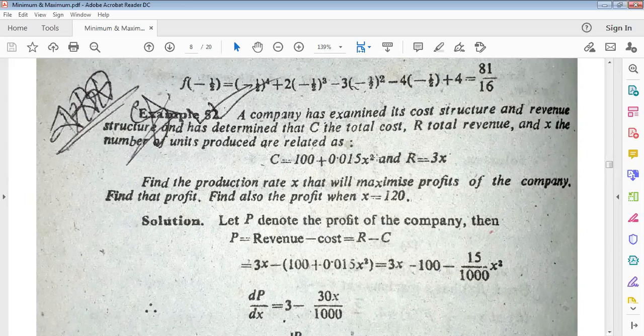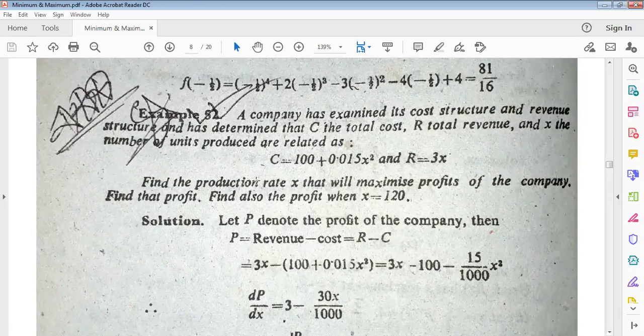Find the production rate x that will maximize the profit of the company, and find the profit when x equals 120. If the number of units is 120, we have to find the profit.